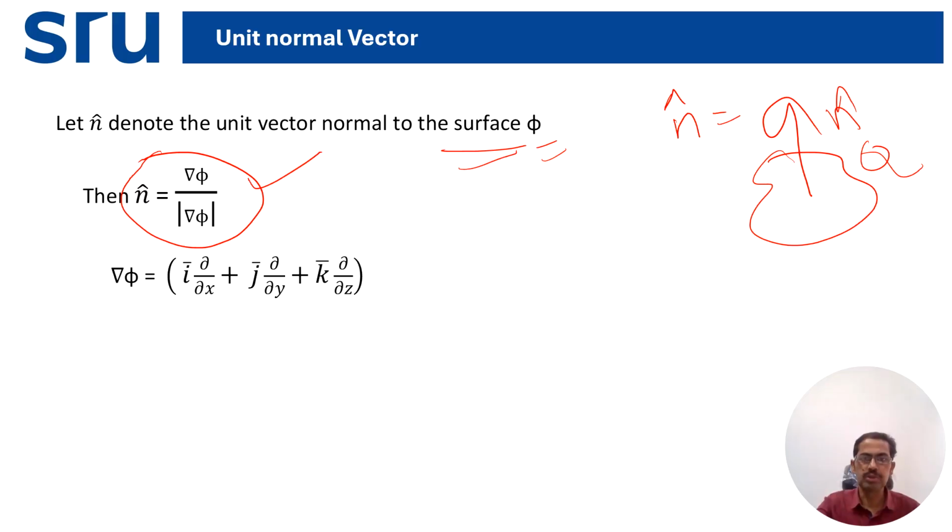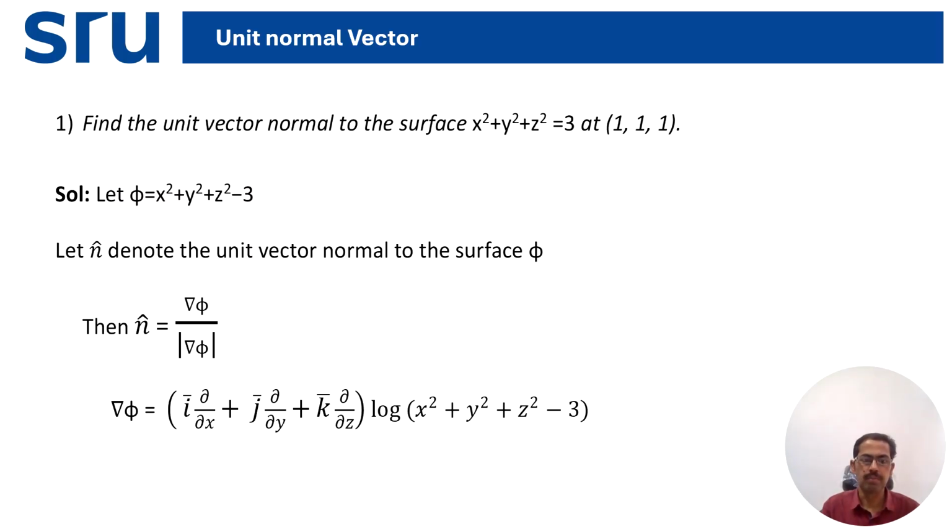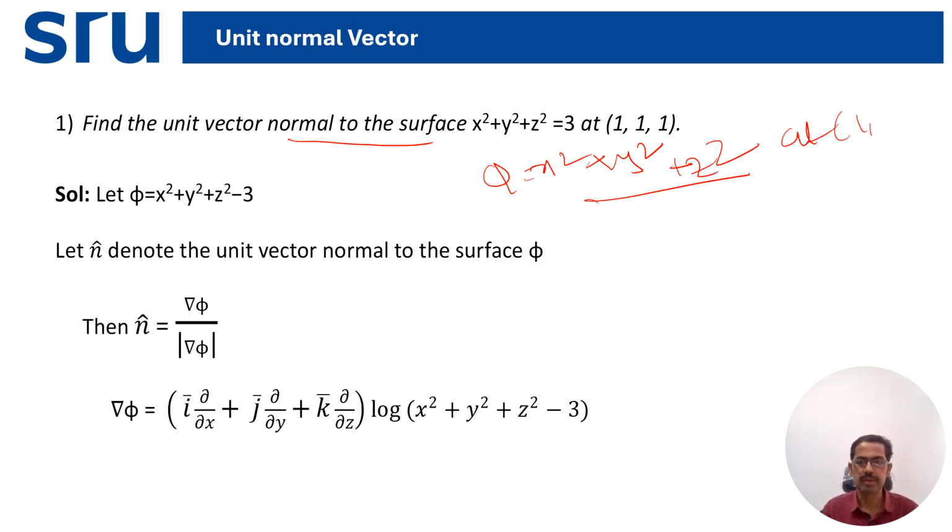Now let's go to the problem. Find the unit vector normal to the surface. What is the surface equation? It is x square plus y square plus z square, at the point 1 comma 1 comma 1.